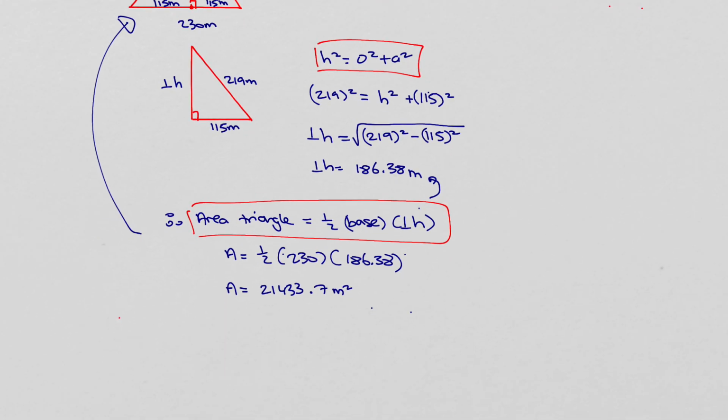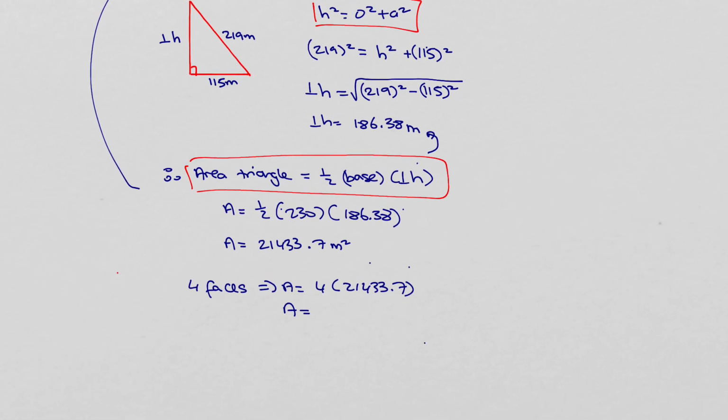And then of course for the 4 faces, the area is going to be 4 times that. And to give our answer correct to 2 significant figures, that area is 85,734.8 metres squared.